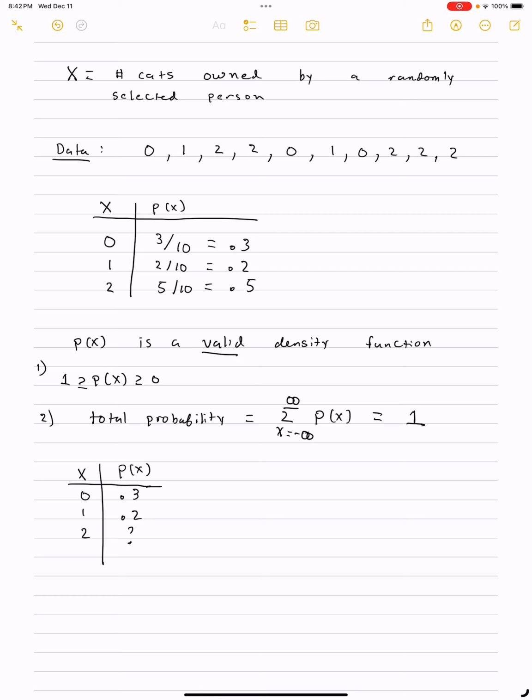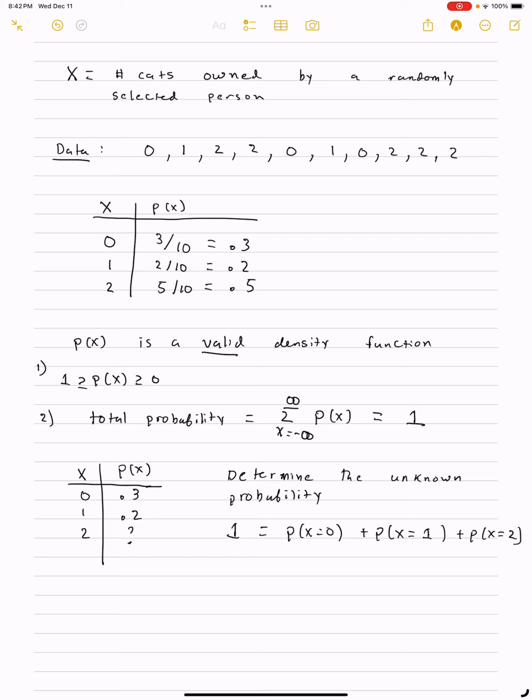And here, if we want to determine the unknown probability, all that we'll do is use this second property that 1 is equal to p of x equals 0 plus p of x equals 1 plus p of x equals 2.